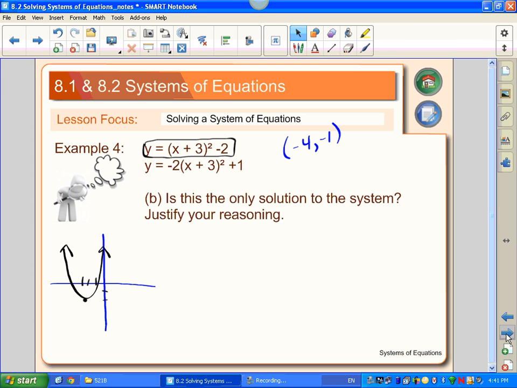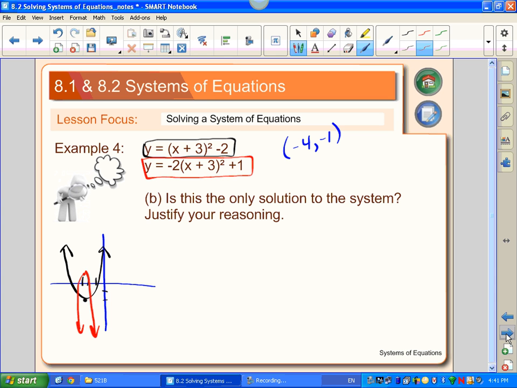This other one, let's do with red. It has a vertex at (-3, 1), maybe about there, and it opens down. It's narrow. That picture alone gives us the answer. Is (-4, -1) the only solution?